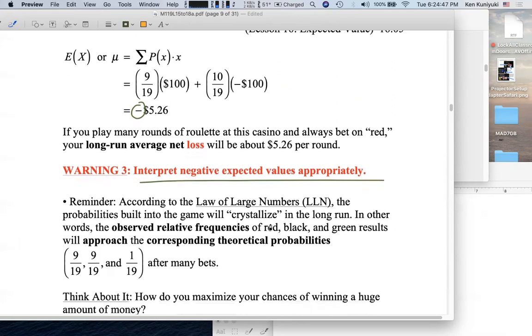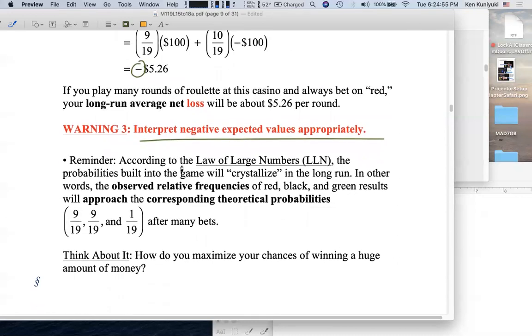Now, the reason why, if you play many, many rounds of roulette, you get this as your long run net average is because of the law of large numbers, which says that the probabilities that are built into the game will crystallize in the long run.